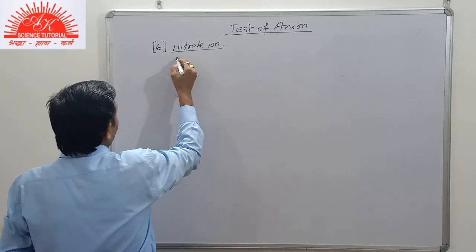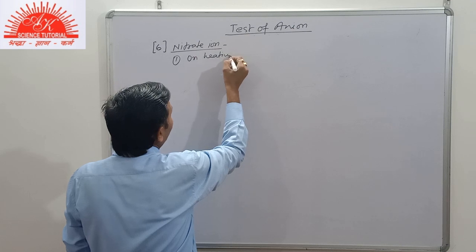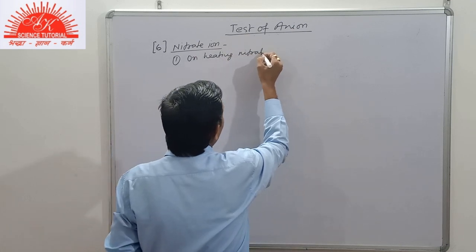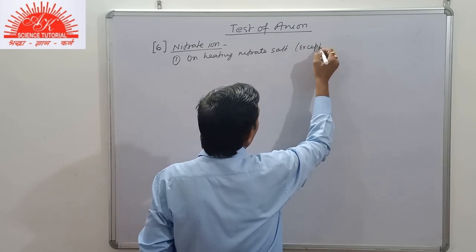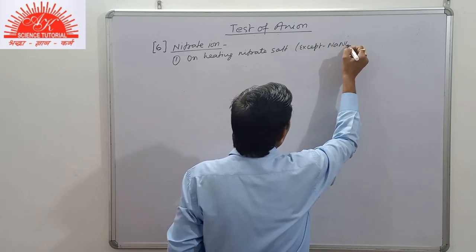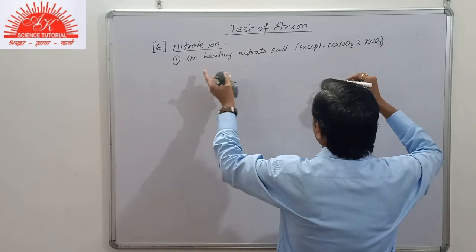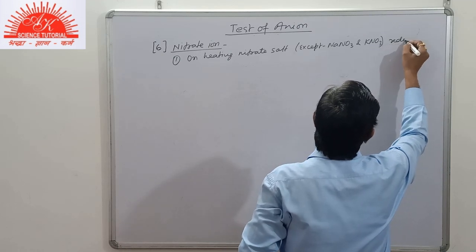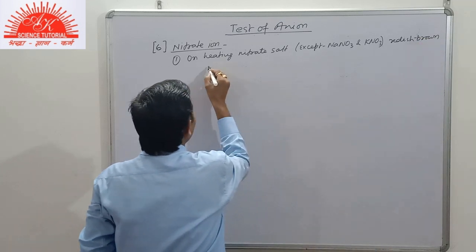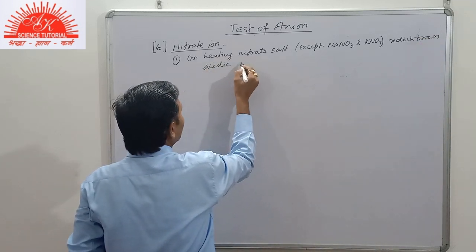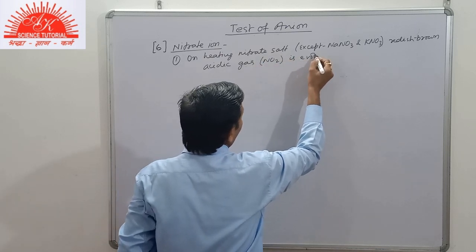So the first test: on heating nitrate salt, except NaNO3 and KNO3, a reddish brown acidic gas, that is NO2, is evolved.